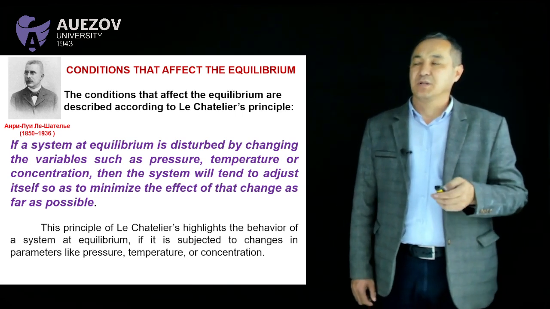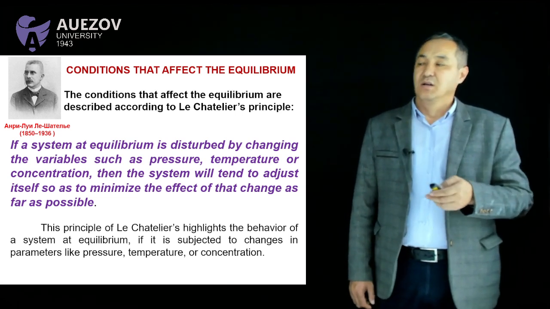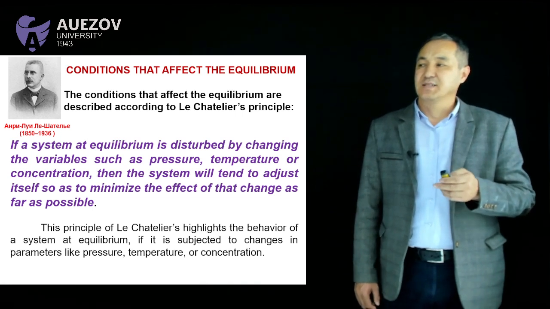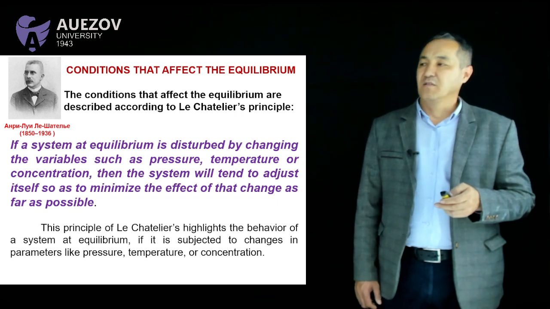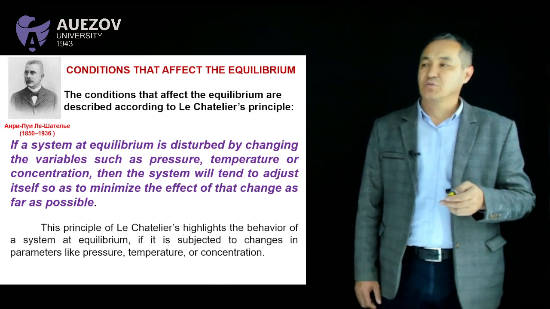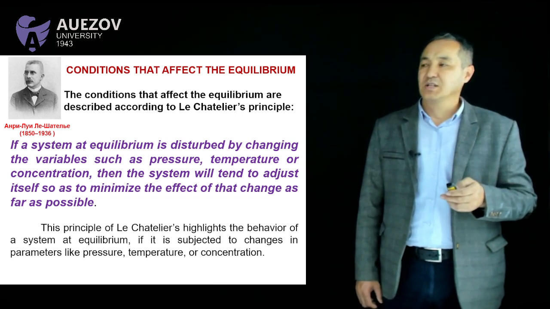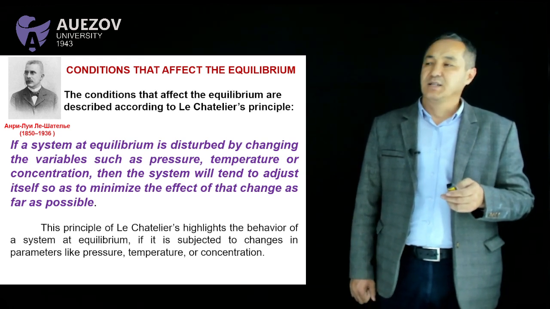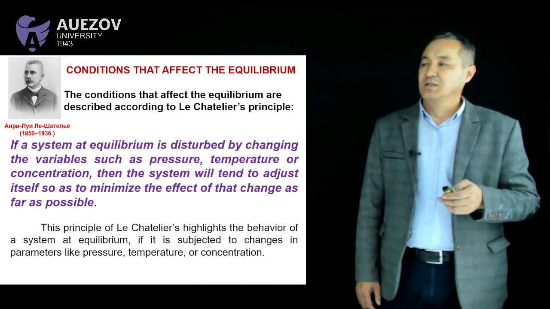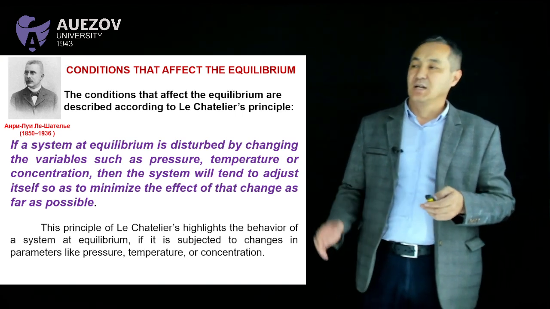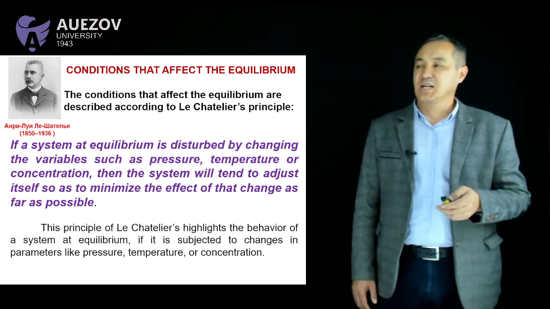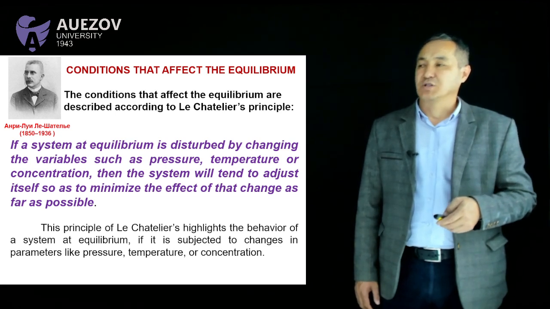This principle says that if a system at equilibrium is disturbed by changing variables such as pressure, temperature, or concentration, then the system will tend to adjust itself so as to minimize the effect of that change as far as possible.